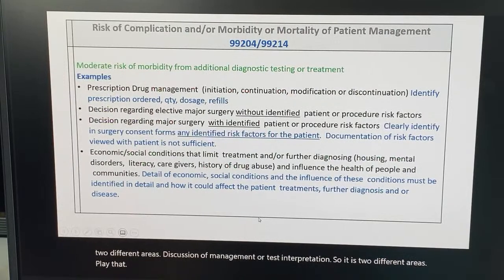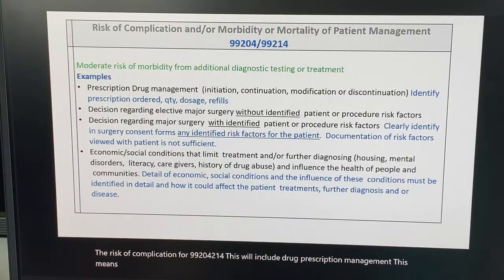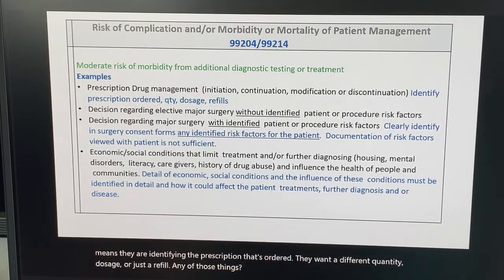Now the risk of complication for 99204-214. This will include drug prescription management. This means they are identifying the prescription that's ordered. They want a different quantity, dosage, or just a refill. Any of those things qualify for prescription drug management.